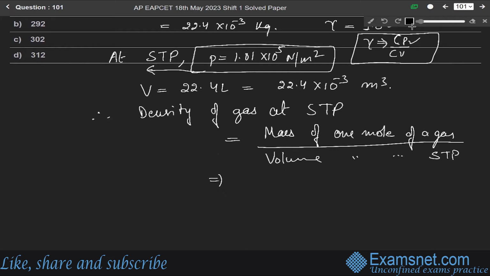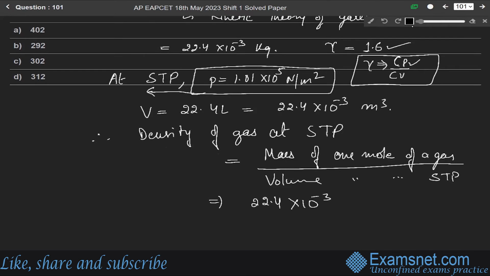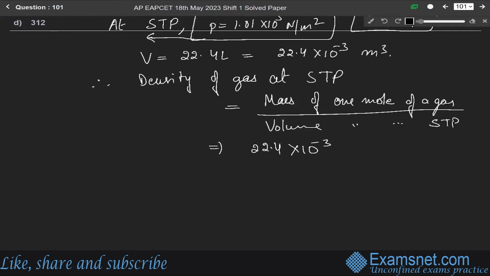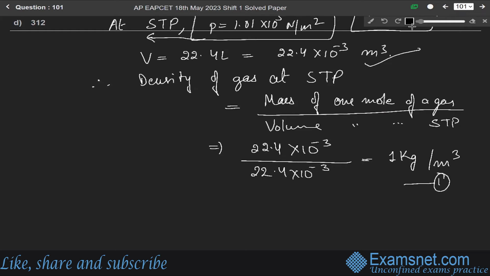So it will be equal to mass, which is 22.4 into 10 to the power minus 3 as given in the question, and volume is 22.4 into 10 to the power minus 3. So it will be equal to 1 kg per meter cube. Let us say this is equation 1. This is density.